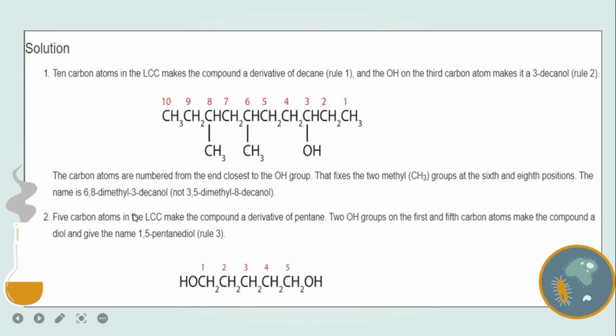It is 6,8-dimethyl because the methyl groups are at the 6th and 8th carbons, and dimethyl, because di means two, since in the given we have two methyl groups. And 3-decanol because the OH is located at the third carbon.